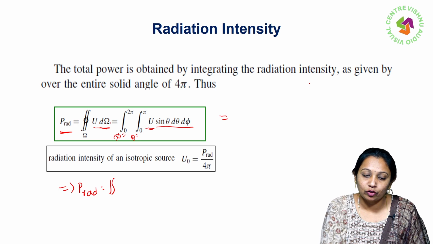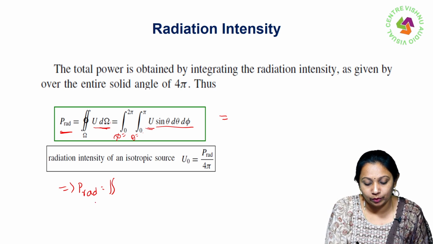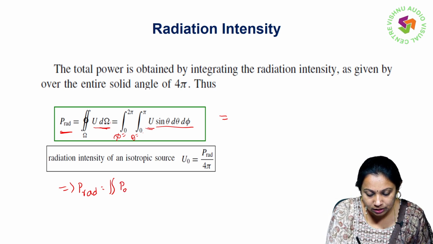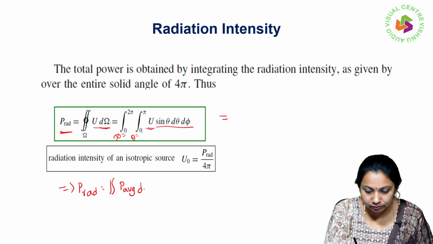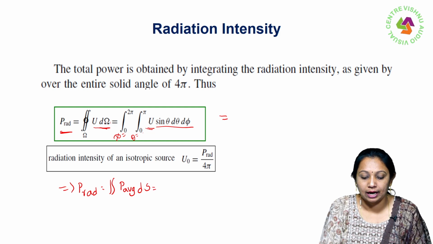Another way to calculate the total radiated power is the integral of the average radiated power into dS.